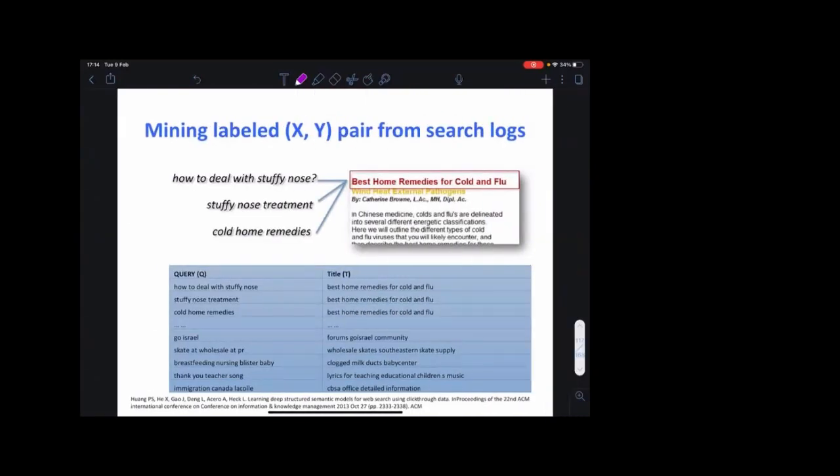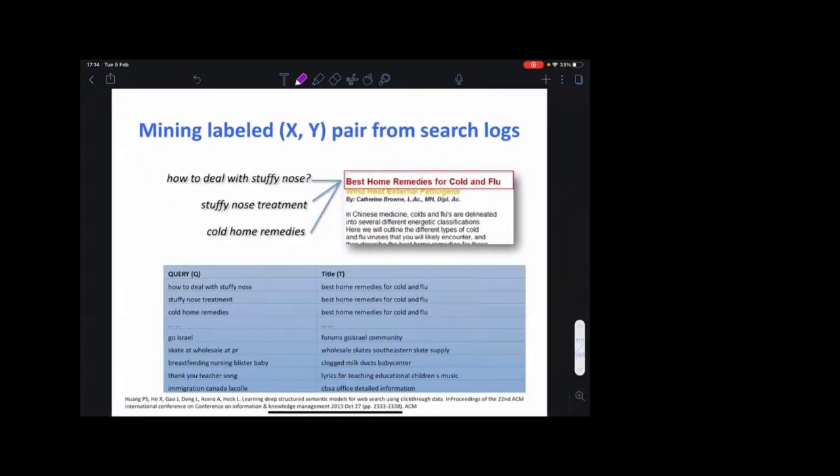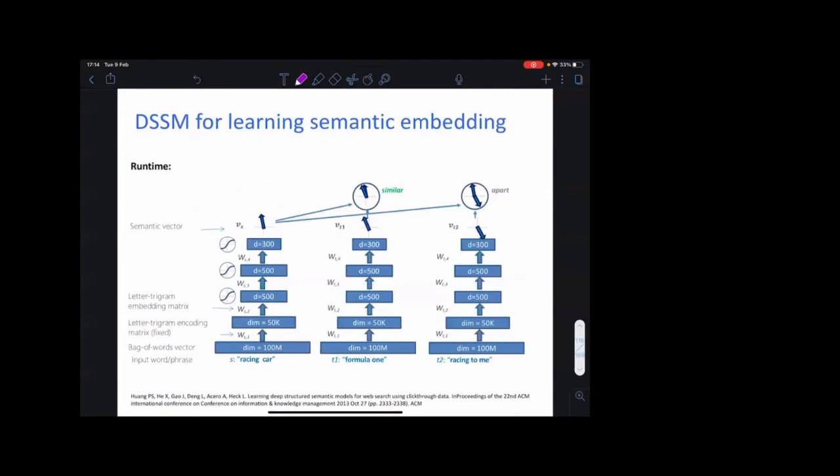Once you have that, you are able to construct the representation. This can be trained in an end-to-end fashion.